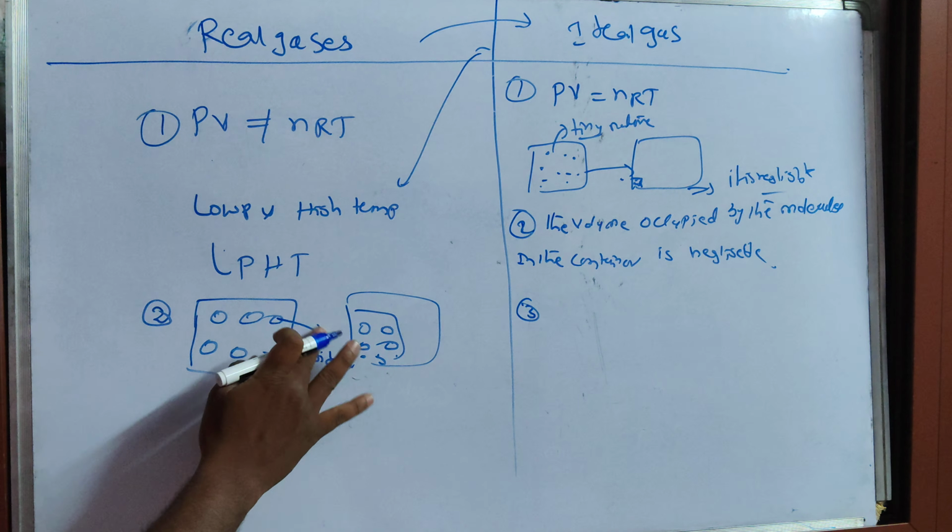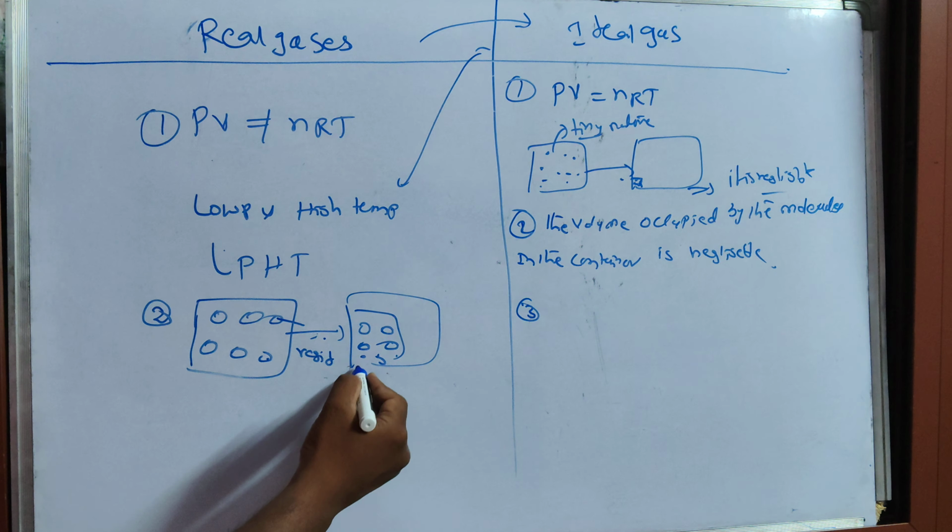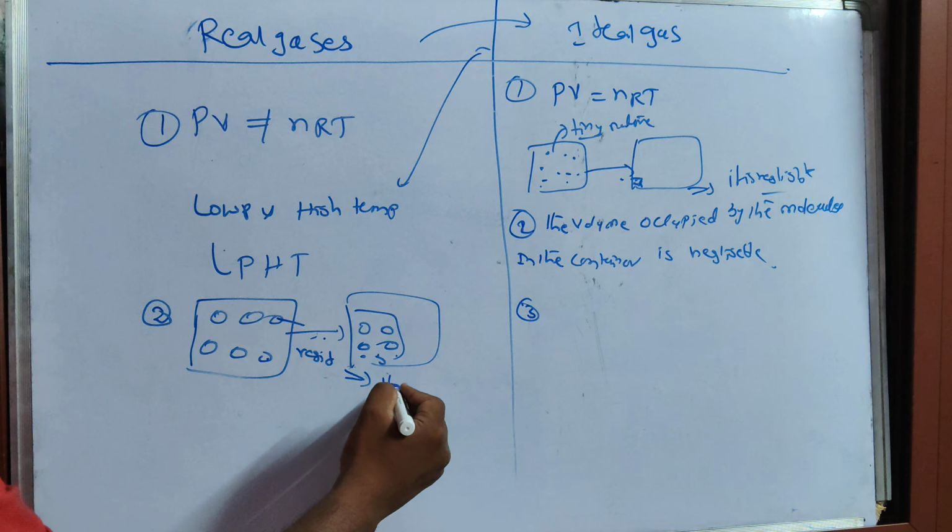That's why the volume in the real case is considered. It is not negligible. But in the ideal case, it is negligible because the particles are tiny. That's why the actual volume of the gas is negligible compared to the volume occupied by the container. But in the real case, we have to consider it.